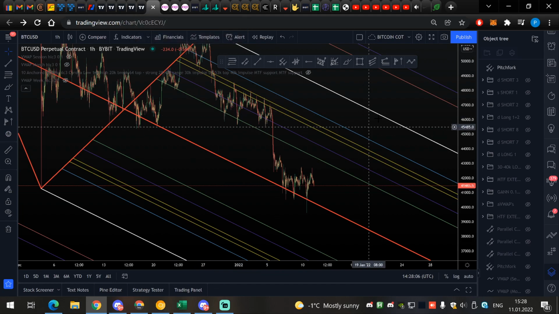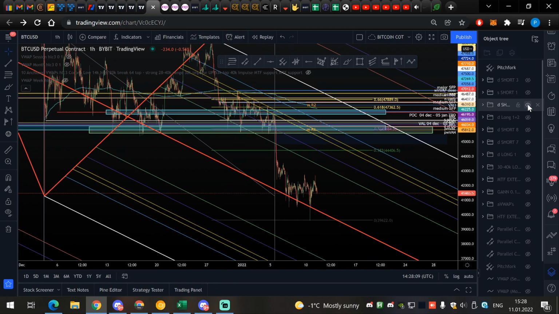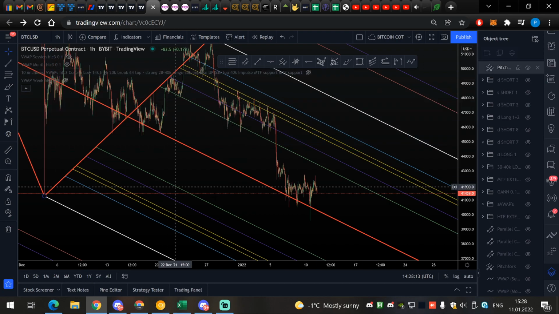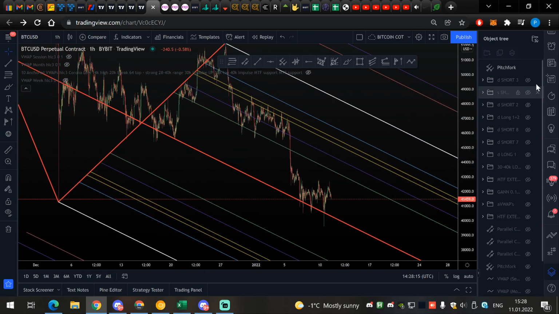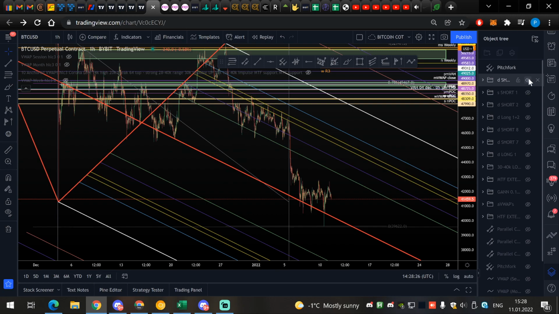And this pitchfork here, where is our short 2? This pitchfork here can be additional confluence for this short area.